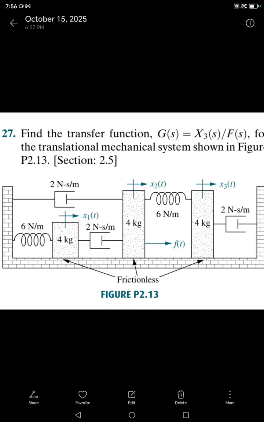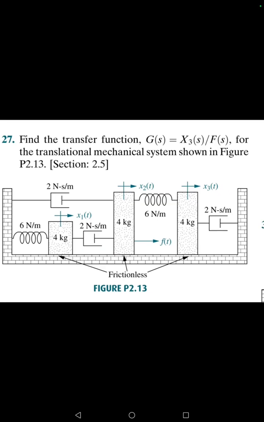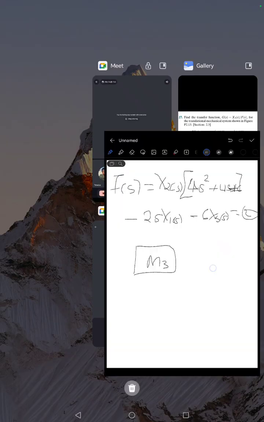Remember, the spring is between x2 and x3, so the x3 one is going to go to the left, and the x2 one is going to go to the right, so it's going to go together with the mass. And then this last damper is also going to oppose. So we're going to have the K with x3 to the left and the damper with x3 to the left, and then the K with x2 to the right for the last mass.